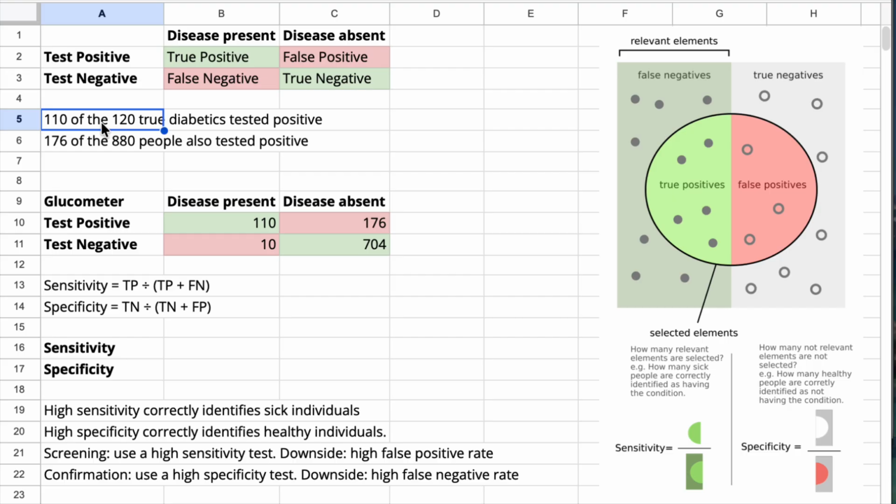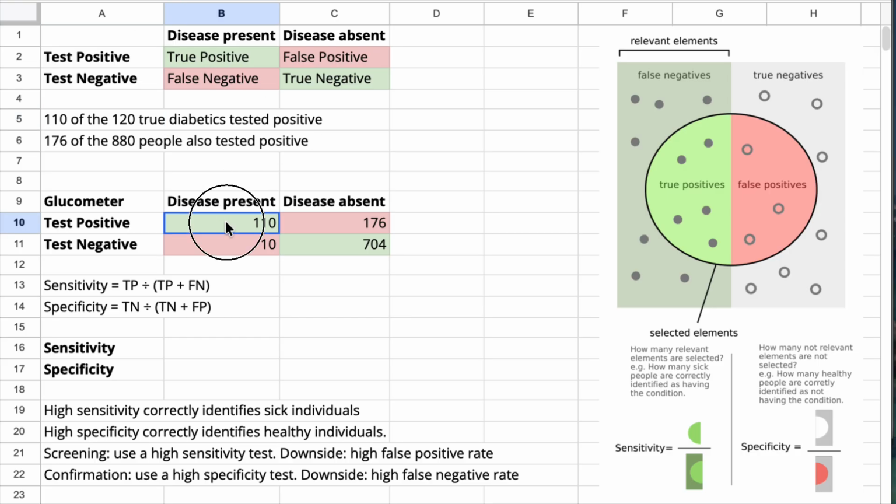But 176 of the remaining 880 people also tested positive. Those are false positives. They are the 880 who were not diabetic.